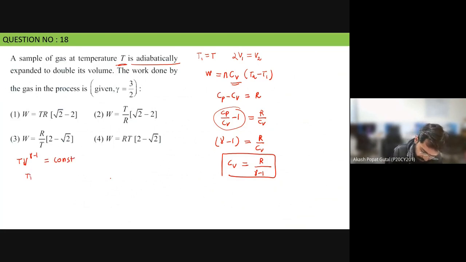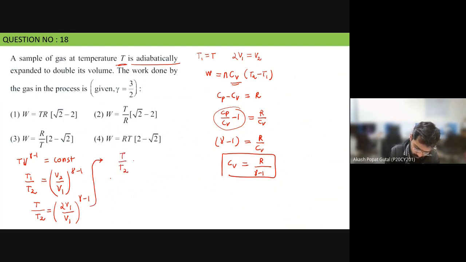But finally, T1 by T2 is equal to V2 by V1 raised to gamma minus 1. We need to calculate T2. We can write T1 is T, as we know. T2 we need to calculate, and V2 is twice V1, so 2V1 by V1 raised to gamma minus 1.